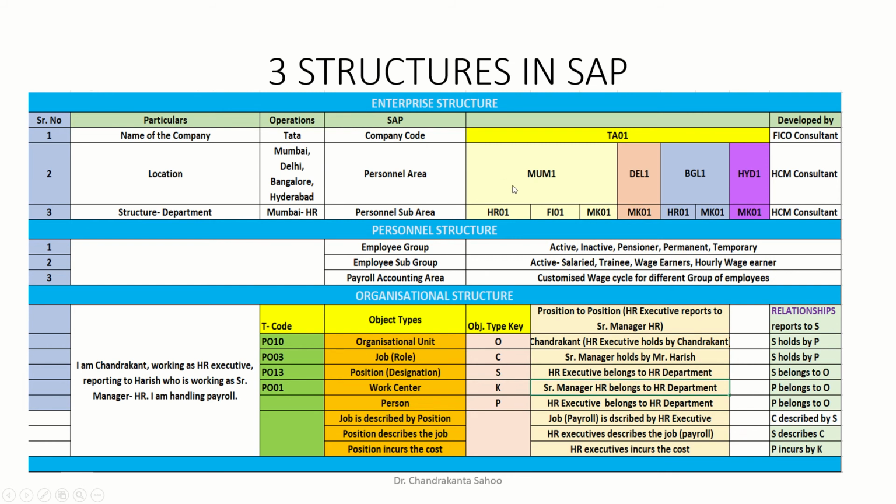Once again it is coded. MUM1, a four-character code, for Mumbai. Then DEL1 for Delhi, BGL1 for Bangalore, and HYD1 for Hyderabad.